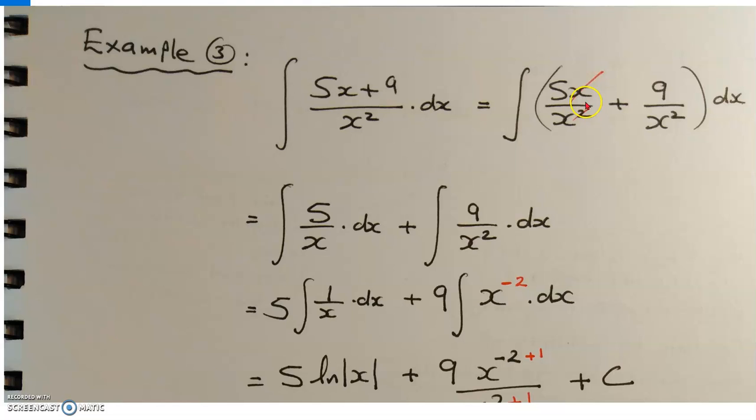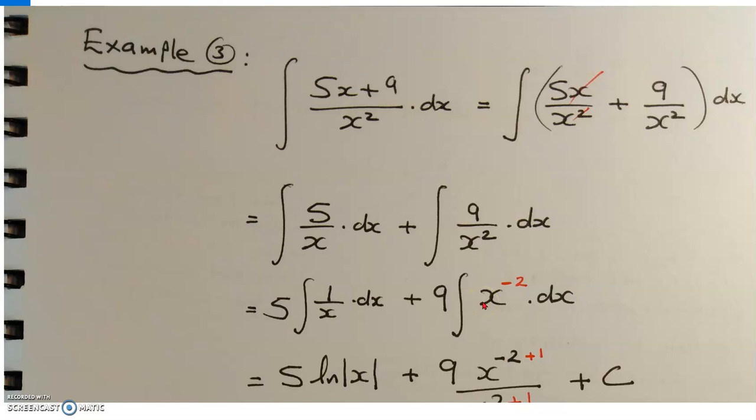Well, we simplify, that x can cross off with one of those, so we're left with 5 over x, and we're being asked to integrate 9 over x squared. This 5 multiplying the numerator we can take outside the integral sign. We're left with our old friend, 1 over x, which is the natural log of the absolute value of x.